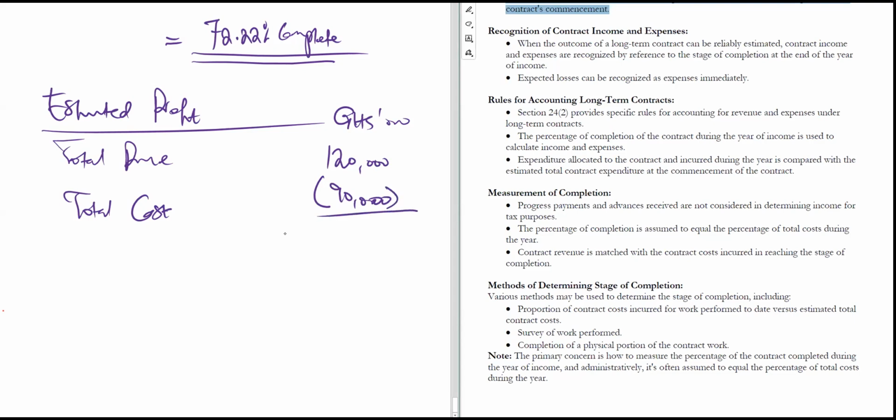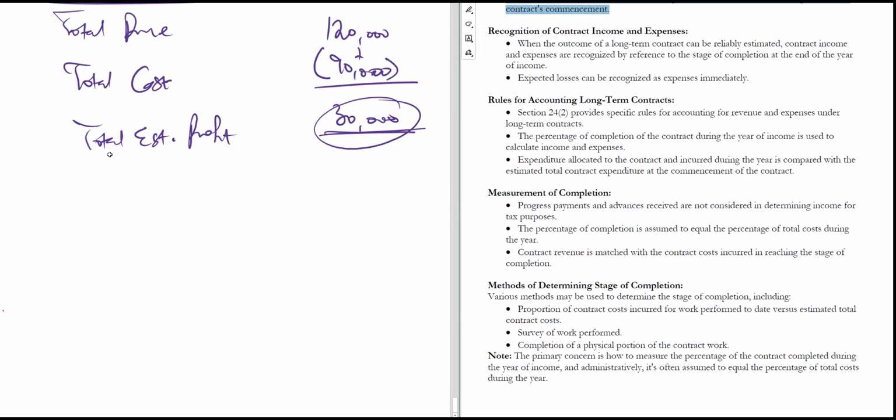It means that over the 5-year period, the total estimated profit from this contract will be 30,000. But now we are only 72% complete, so we must recognize only 72% of the profit, right?